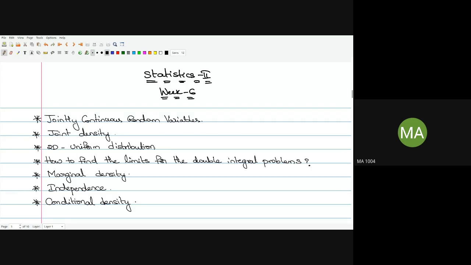Okay. And in week 6 also, the main difficulty is how to find the double integral limits. From the past experience of past students, we got this feedback that in week 6, everything is okay, but finding the limits for the double integrals is a little bit difficult. So we will discuss that in today's session.